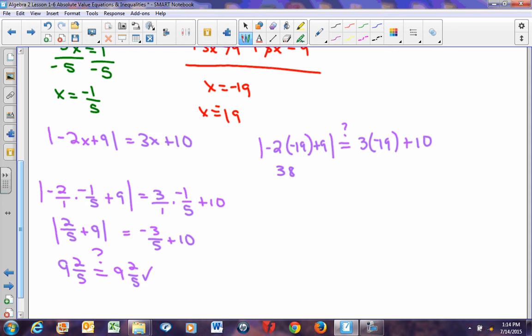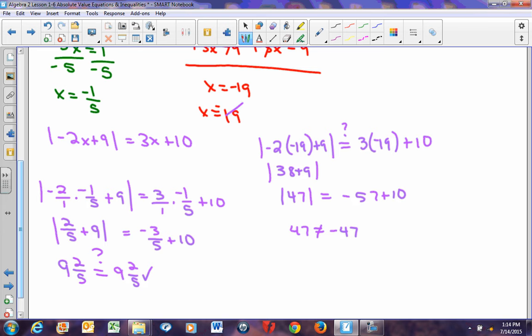So 38 plus 9 is 47. That's the value of 47. Does that equal negative 19 times 3? Okay, let's see, negative 57 plus 10 is negative 47. So I have the absolute value of 47, which is 47. It does not equal negative 47.